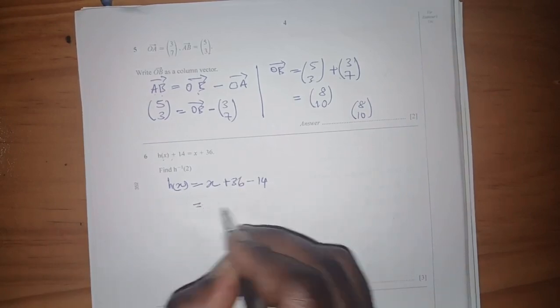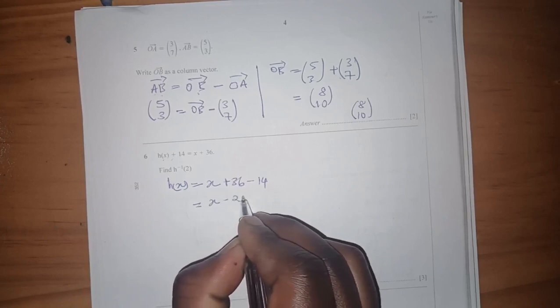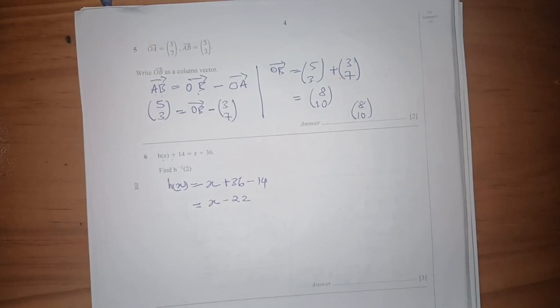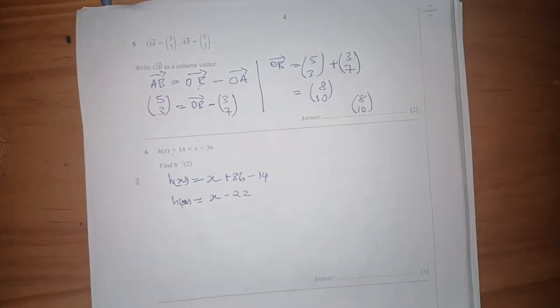And then 36 minus 14, that is going to give me 22. So basically, this is now your h of x.